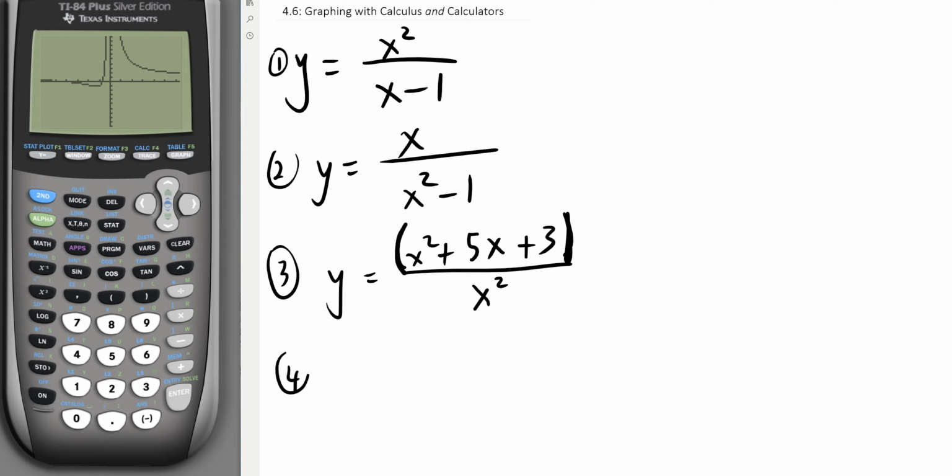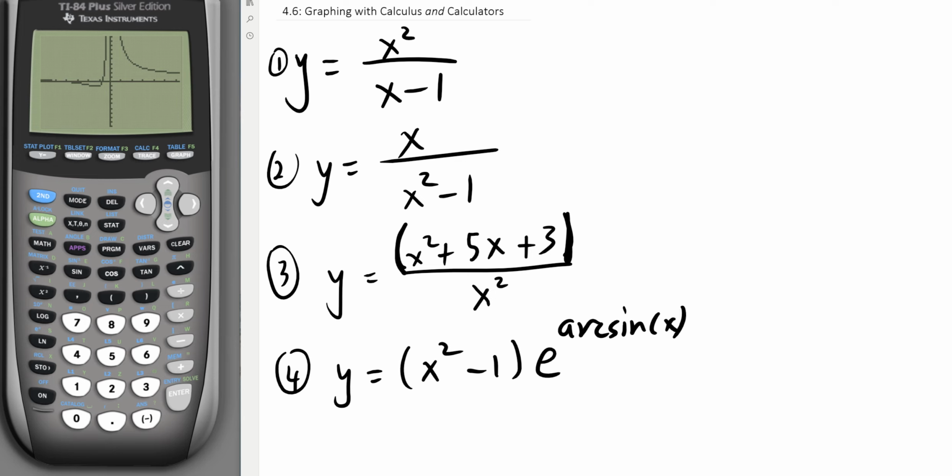If I want to graph a different function, let's say y equals x squared minus 1 times e to the arc sine x. Arc sine means sine inverse. So again, y equals, clear this up, open parentheses, x squared minus 1, and then we have the exponential part.